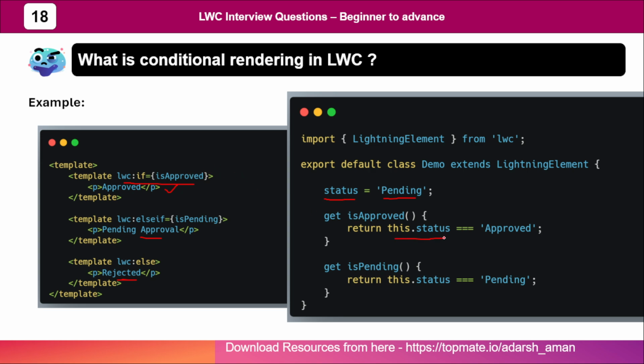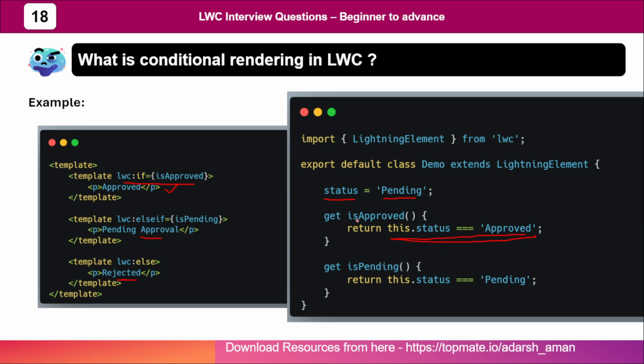It will check if the status is approved or not. In this case, status is pending, so it will return false, because whenever you write something like this, it will return a Boolean value. If it is satisfying the condition, it will return true. If it is not satisfying the condition, it will return false.